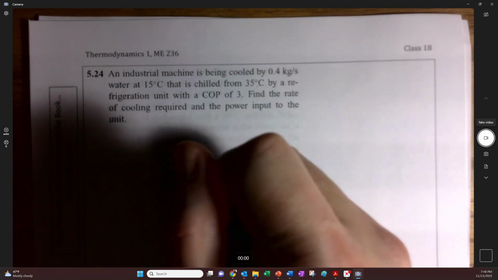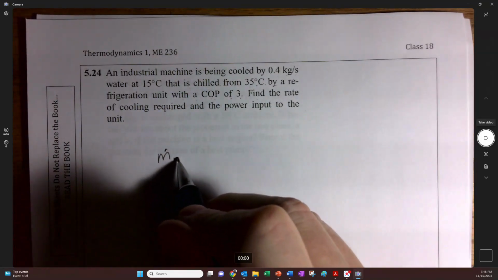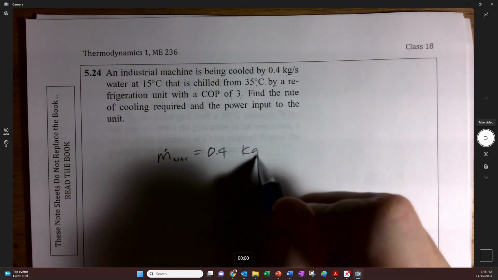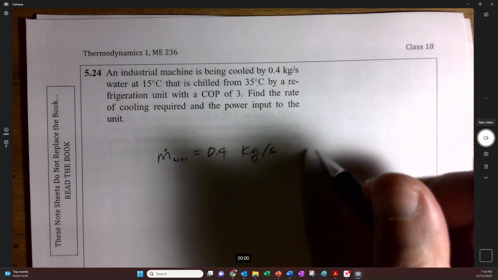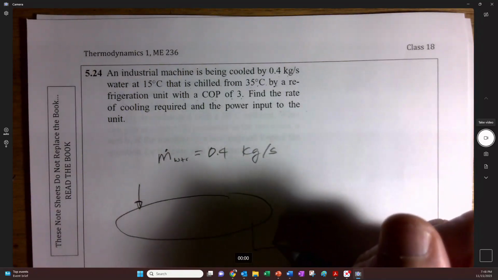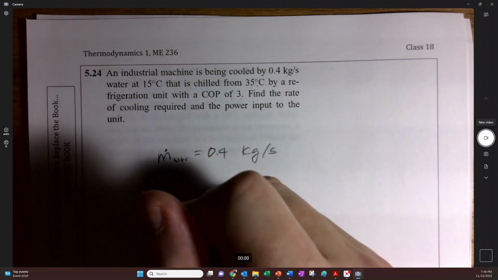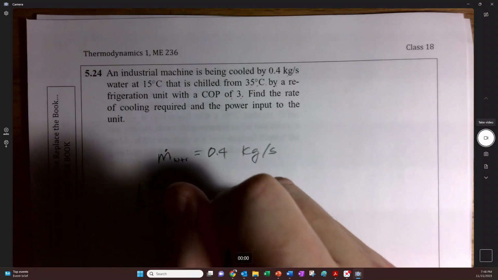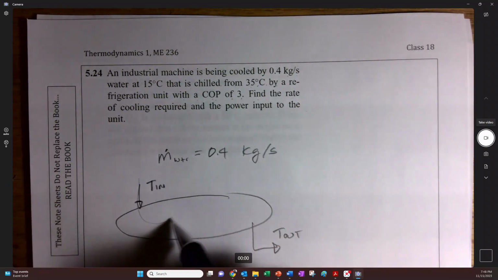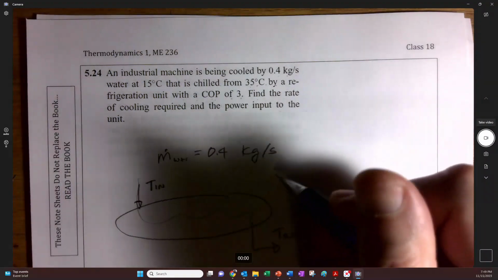So we have this water flow of 0.4 kilograms per second. If I were to draw maybe a heat exchanger, something like that, where this is T in and this is T out, and this is the flow coming through there.